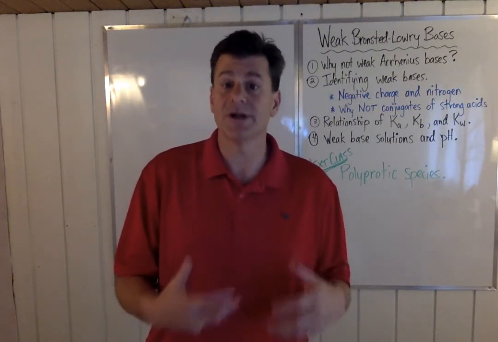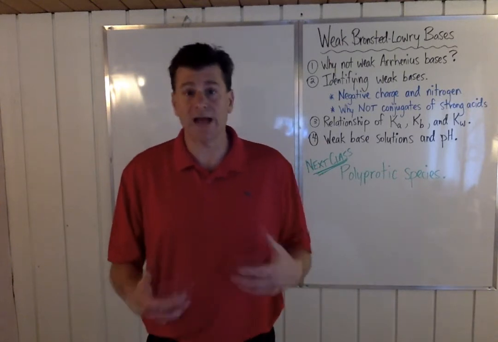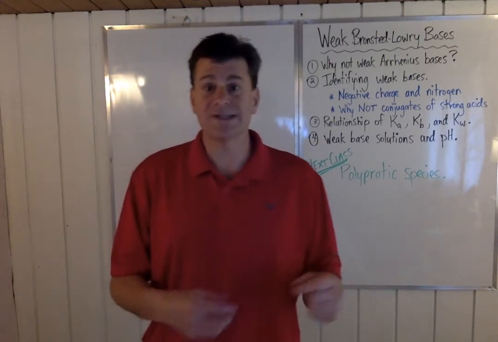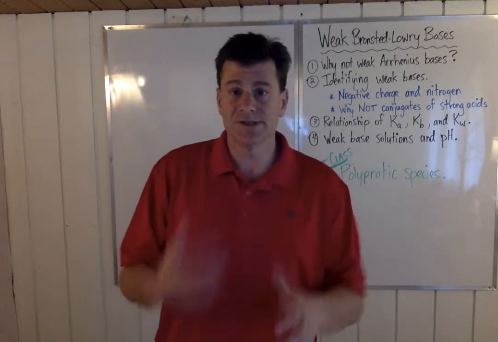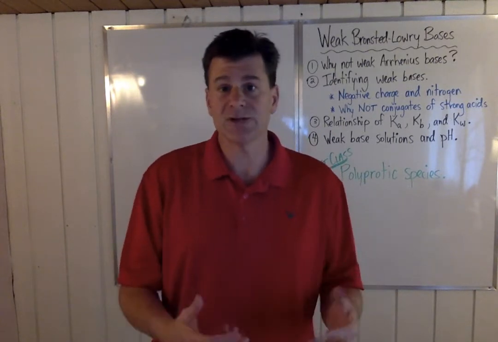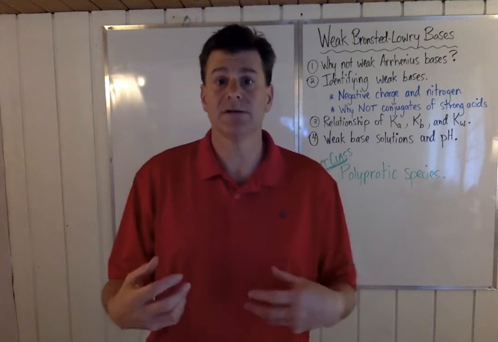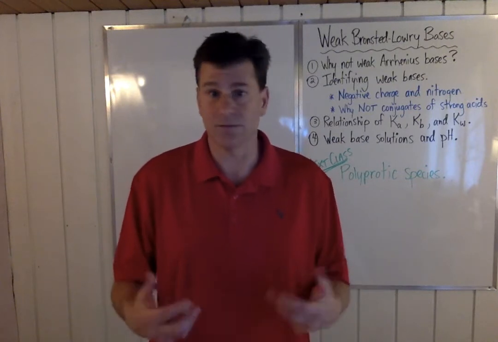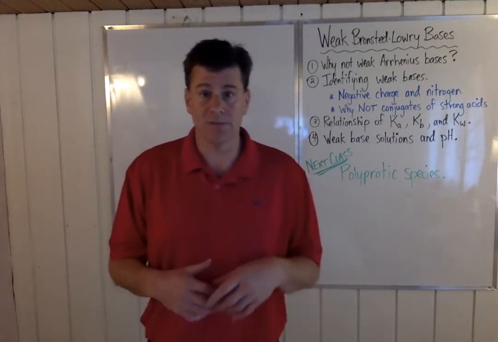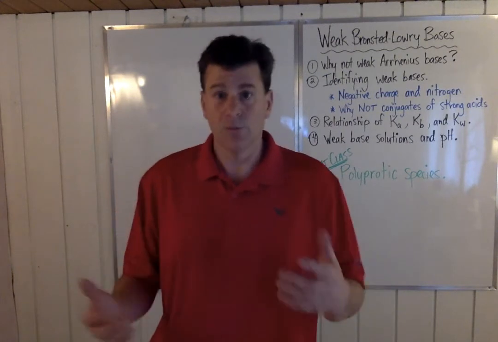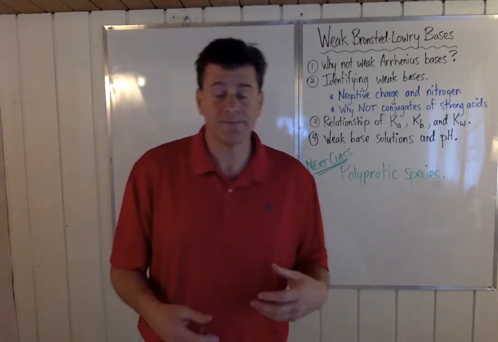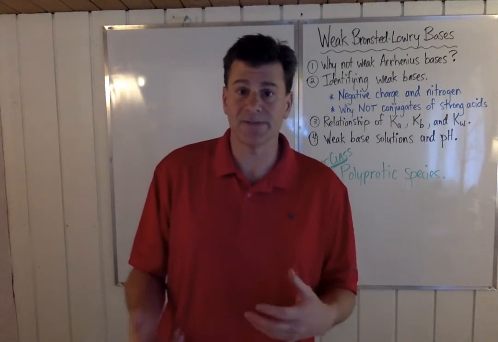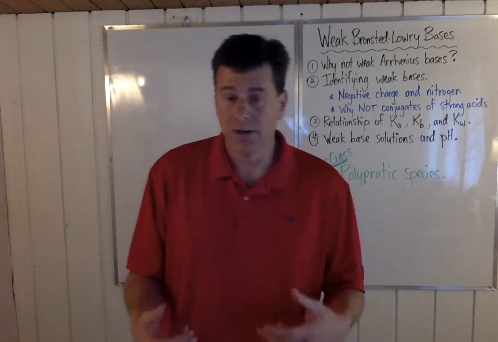So we're not going to look at a hydroxide compound. We're only going to look at, as you can see in the title, weak Bronsted-Lowry bases. That means you take a chemical, you dissolve it into water, and it reacts with water. Now, bases accept protons. The very first lecture in this entire series was about what defines an acid and a base. Well, the Bronsted-Lowry base was a chemical that accepted a proton from another chemical.